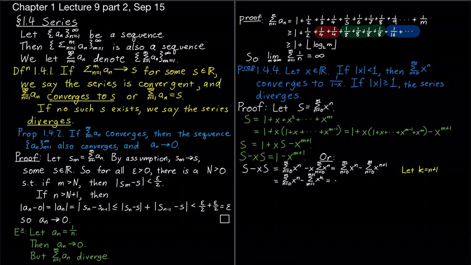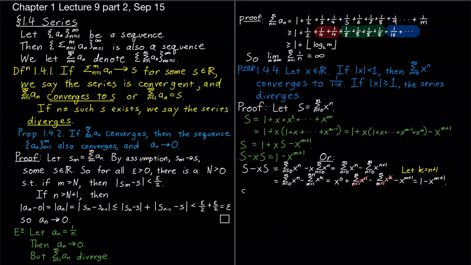So we've got our x to the 0, plus the sum from n equals 1 to m of x to the n, minus the sum from k equals 1 to m of x to the k, minus an x to the m plus 1, and then obviously our middle two sums cancel. And we're just left with 1 minus x to the m plus 1.